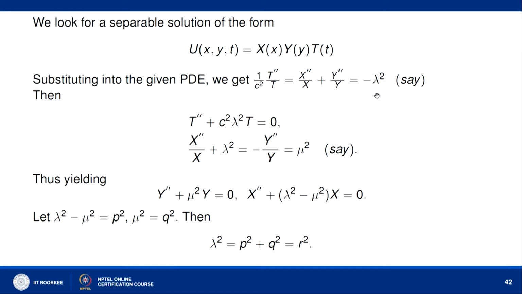Now, we look for a separable solution of the form. So, we apply the variable separable method and write our solution u of x, y, t as X of x, Y of y and T of t, and when you put this solution into your wave equation, the equation reduces to 1 upon c square T double dash upon T equal to X double dash upon X plus Y double dash upon Y. Now, let us assume that it is equal to minus lambda square, as we have already seen in the case of the one-dimensional wave equation.